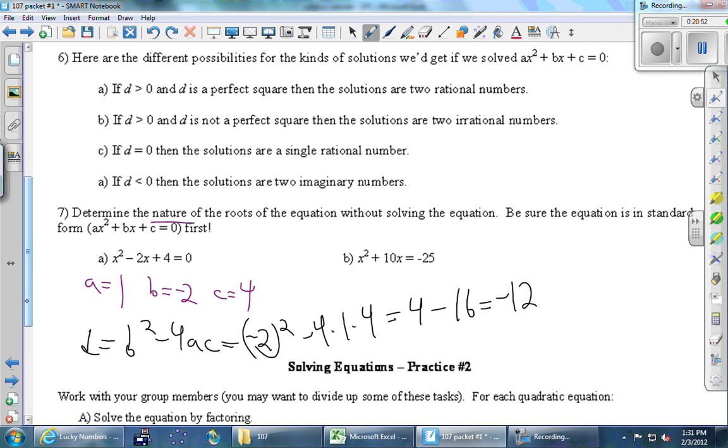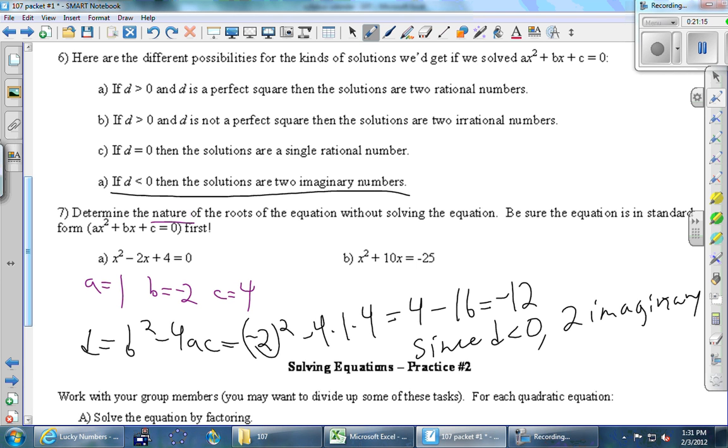So the solutions to the equation here in part A are not real. And so that's this sentence that we didn't read to each other, but it says if d is less than 0, d was negative 12, then the solutions are two imaginary numbers. So since d is less than 0, two imaginary, or not real, numbers.